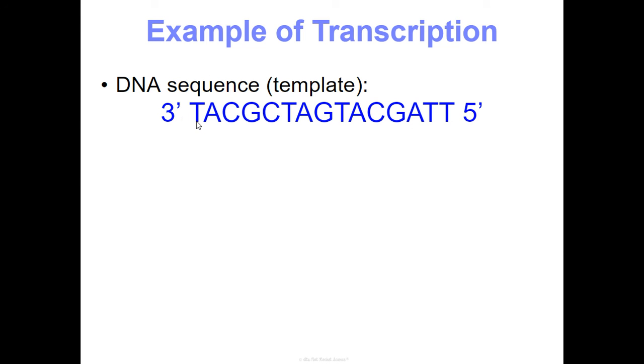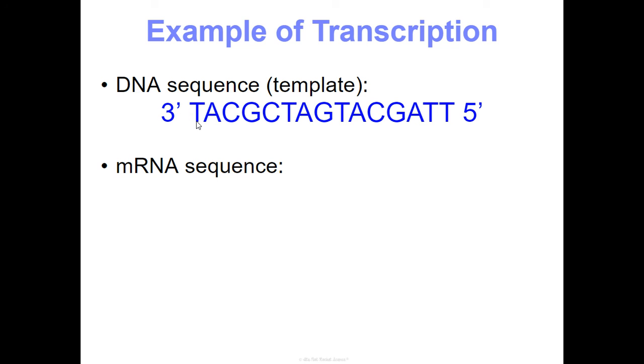And you want to follow the same base pair rule. A now goes with U and C still goes with G. Take a moment in your notes and see if you can transcribe this DNA sequence into an mRNA sequence. At this point, it might be a good idea to pause the video.